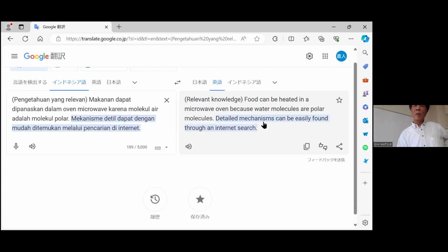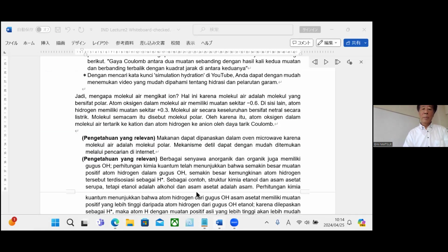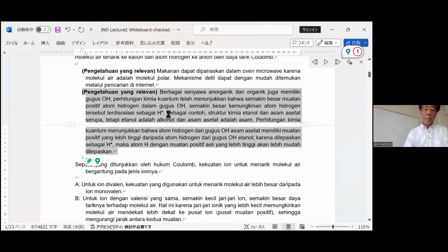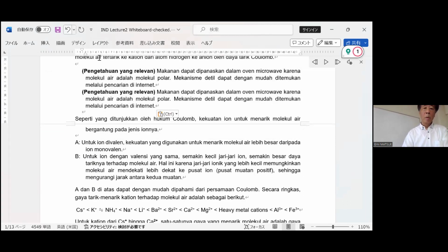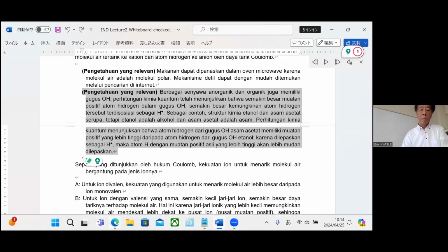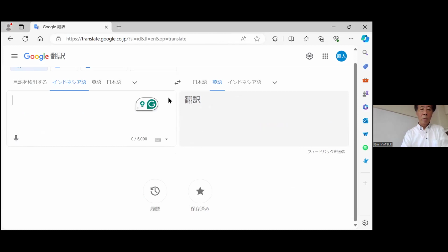So the mechanism of microwave heating, you can easily find through the internet. Okay, going to the next.